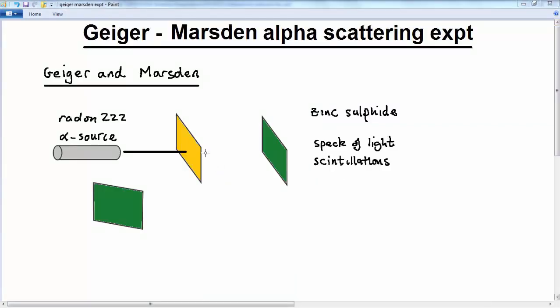What they saw was this: whereas most of the alpha particles appeared to travel pretty much straight through the gold leaf with very little or no deviation, some of the particles got deviated by a certain amount, others were deviated further, and some still further.